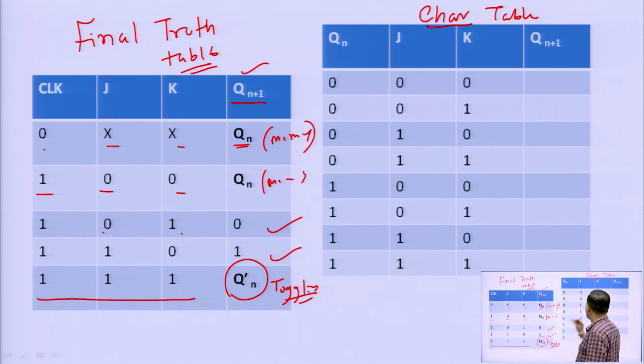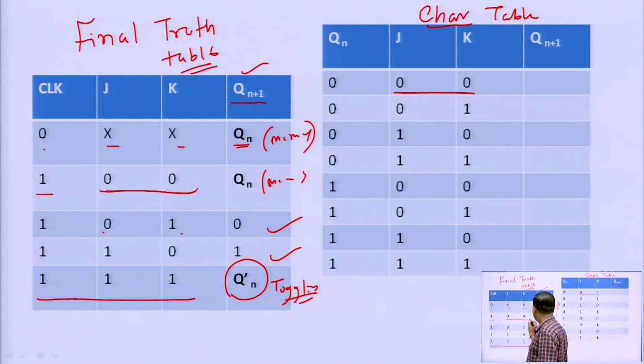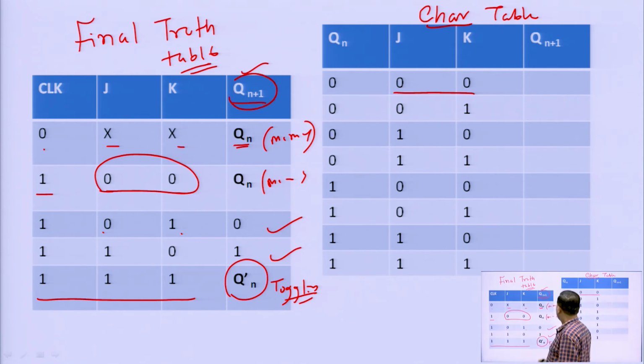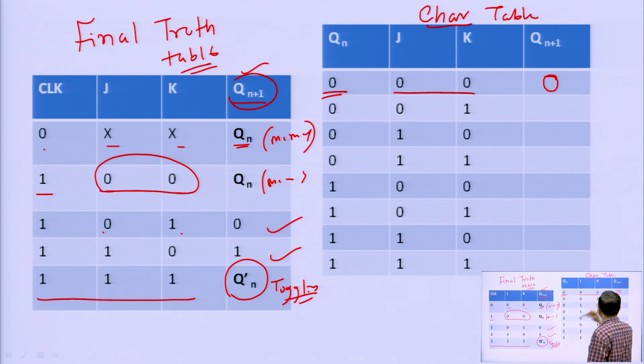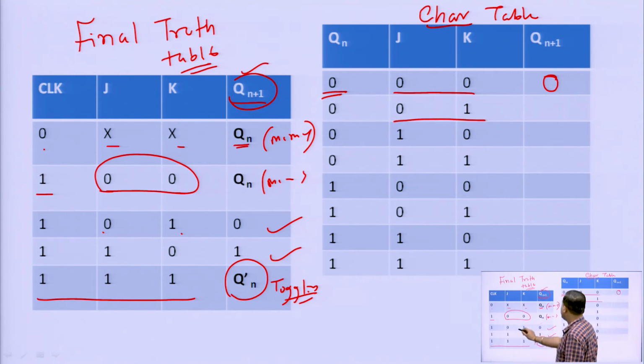So, here when J and K are 0 0, Q n plus 1 will be the same as Q n. Here Q n is 0, so this will be 0, got it. We will just check this table and format this table. Now, when J and K are 0 1, the next state will be 0.